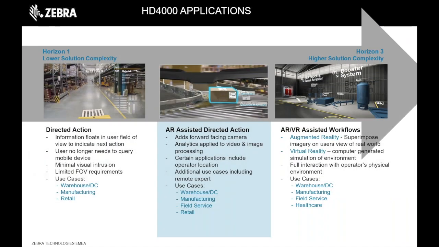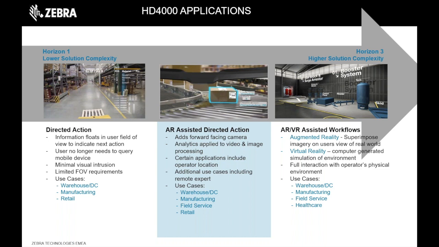So these are some of the applications we envision. If you look moving from the left to the right in terms of complexity, on the left side, you've got directed action. So in that case, what you're doing really is just overlaying information on the display. And because the display is transparent, that's basically seen by the user in their field of view as an overlay on what they can see with their eyes.